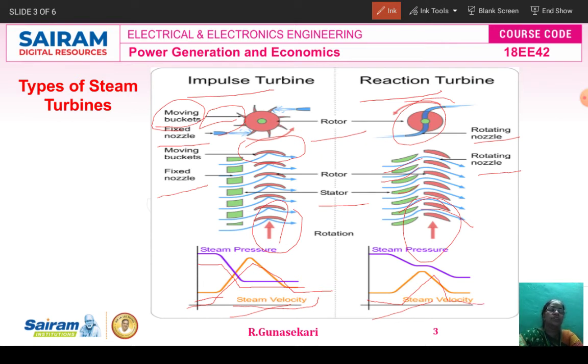But the steam pressure first increases, then decreases, increases a little bit, then decreases, then remains constant. This is the shape of the steam pressure and steam velocity curves for the impulse and reaction turbines.